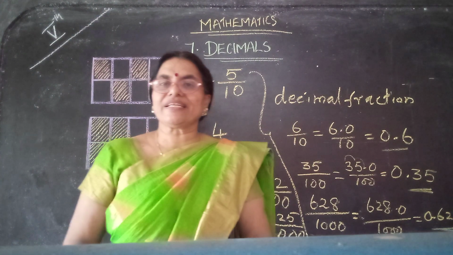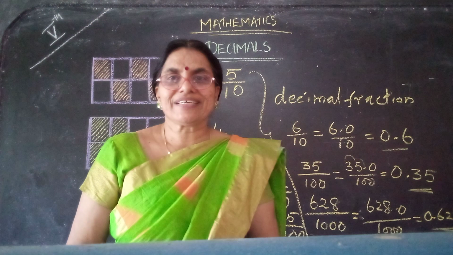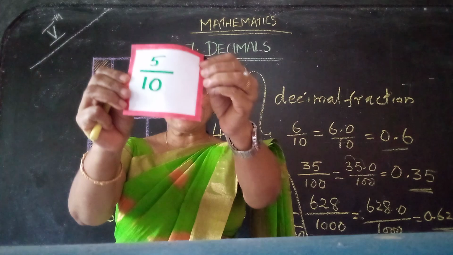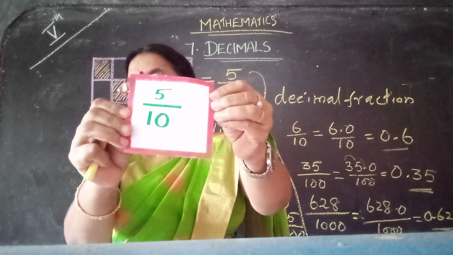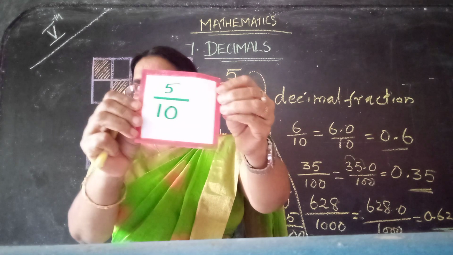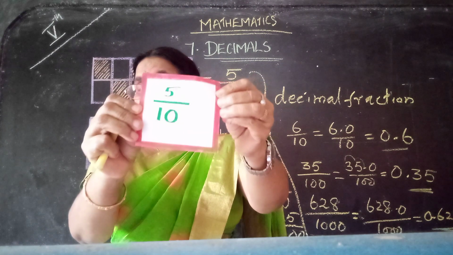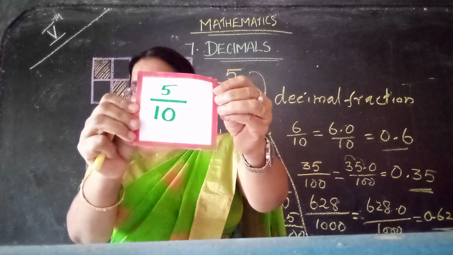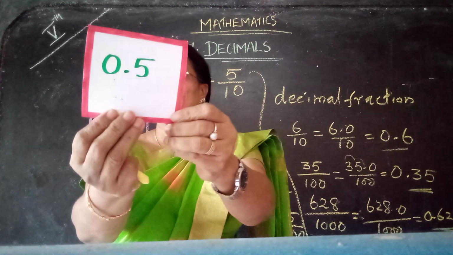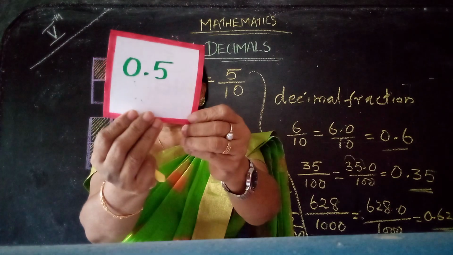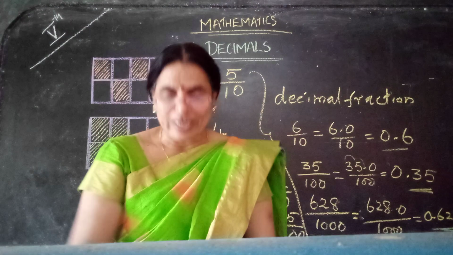See one more example here. See here children. Let me say one trick. What is this? 5 by 10. This is a fraction. How many zeros are here? 1 zero. How many jumps do we need? 1 jump. So the answer is 0.5. Wow. The next one more example.